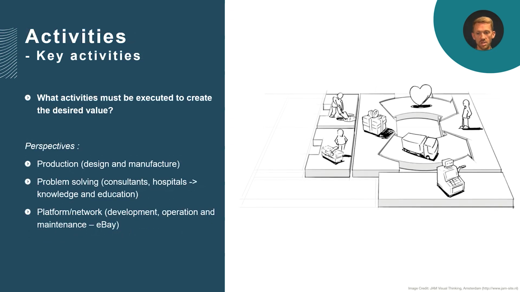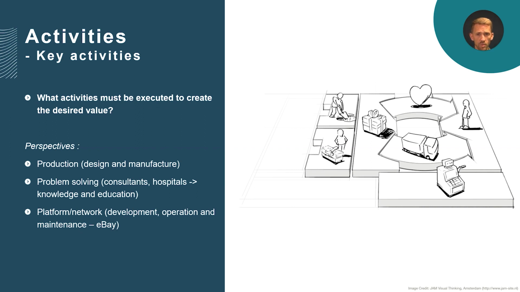Then we have key activities. So what activities must be executed to create the desired value? Again, there could be production, that we need to design and manufacture some goods. It can be problem solving. So key activities can be problem solving. We know this from consultancy companies, for instance. They don't manufacture a product, but their service, and therefore their key activity, is problem solving.